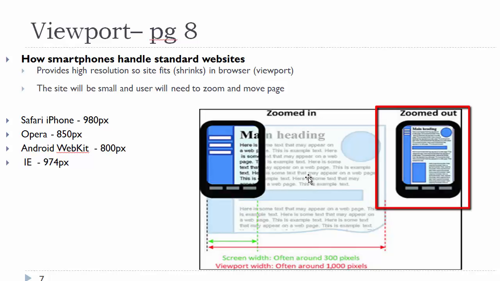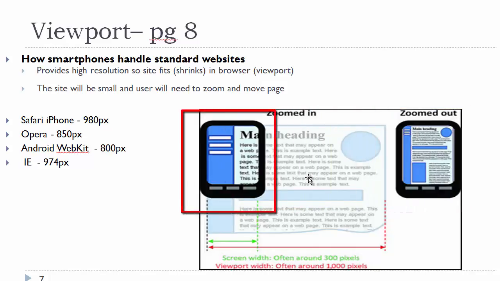Now, obviously, this is relatively unusable. This is not accommodated. This website would not be developed for mobile. So for websites that are not developed for mobile, the phone will fit them in even though it's not usable. So on the left, the user would need to zoom in and then swipe back and forth in order to see the full site.